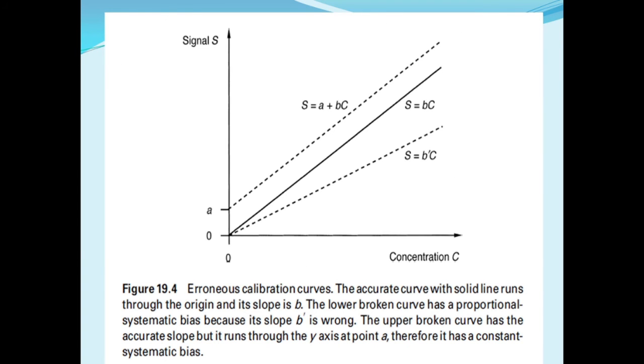These are possible fundamental errors of calibration curve. There is a difference between constant systematic deviations and proportional systematic deviations. In the first case, the calibration curve does not run through the origin.